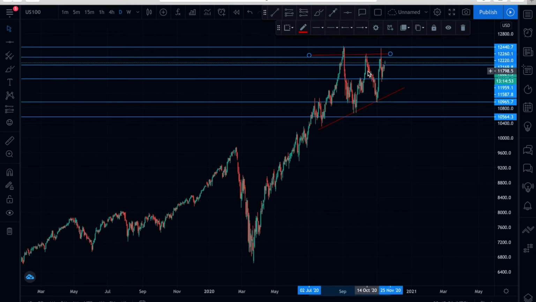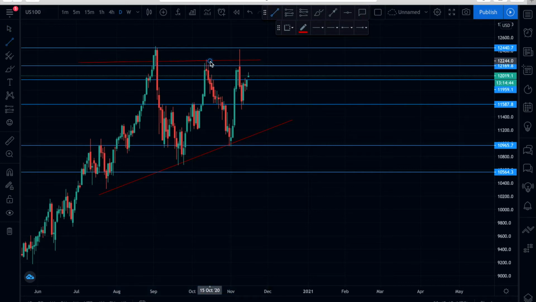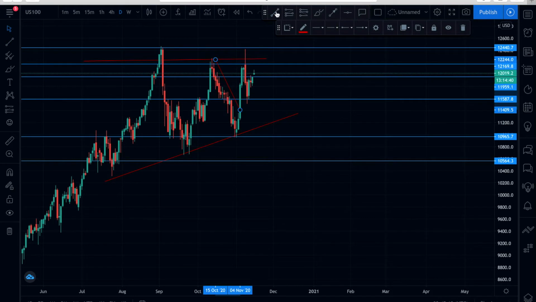So for this place, let me zoom it in like this. We saw a downtrend over here. There was a downtrend. Price broke. Okay.